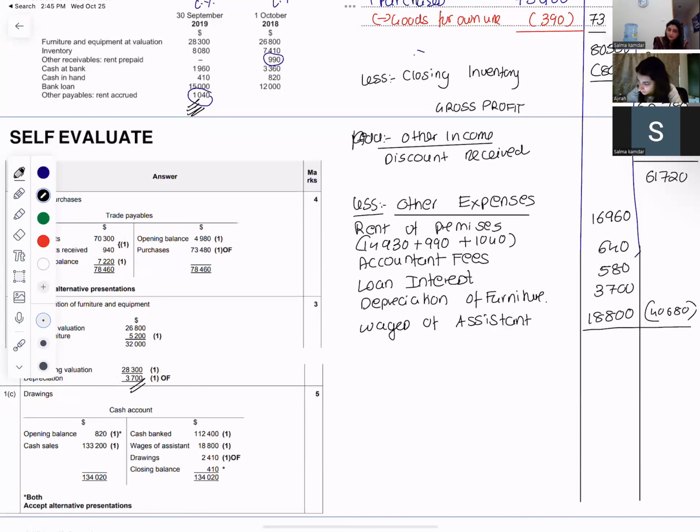Then you will write this is the other expenses for the year.